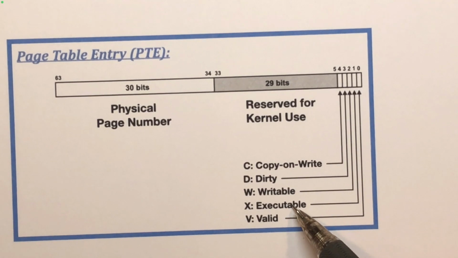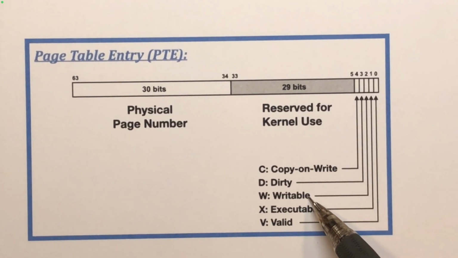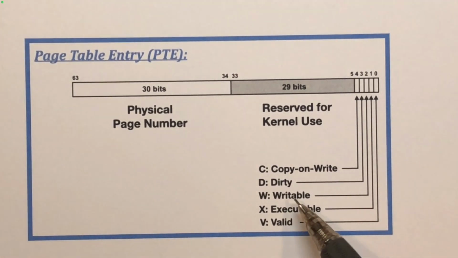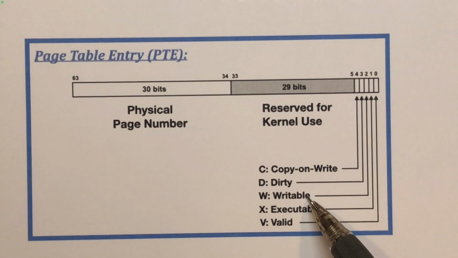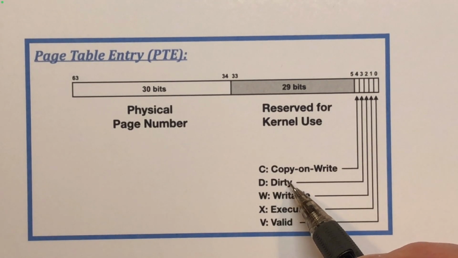Then we have the executable and writable bits, which indicate the permission for that data page. Can the bytes in that data page be executed, or can the bytes in that data page be updated? Here we have a bit that indicates whether the bytes have been modified, and if the page is clean, then any attempt to write to the page will cause an exception so that we can set the dirty bit.